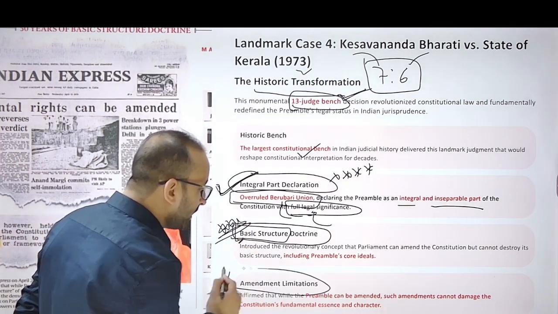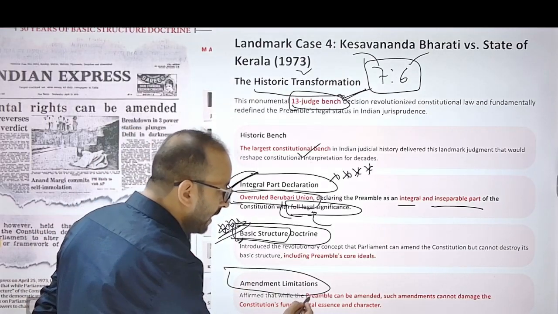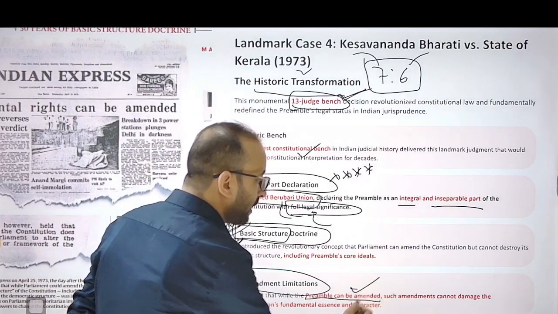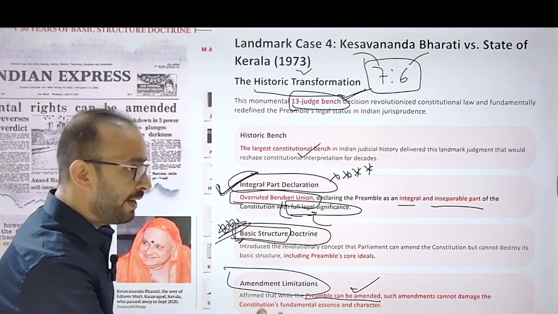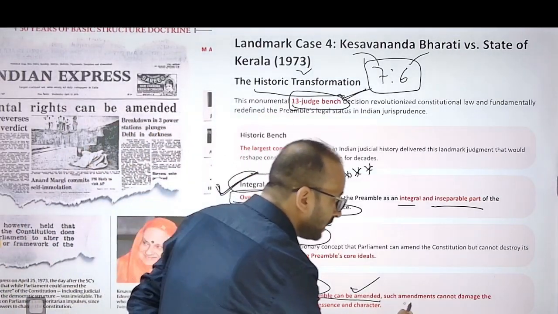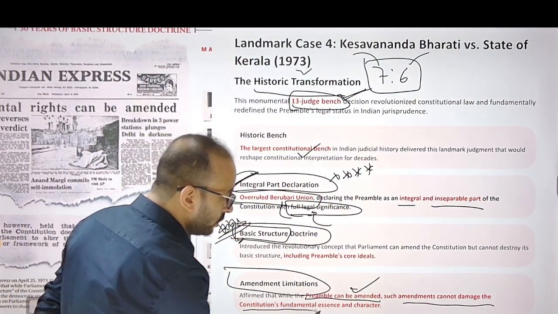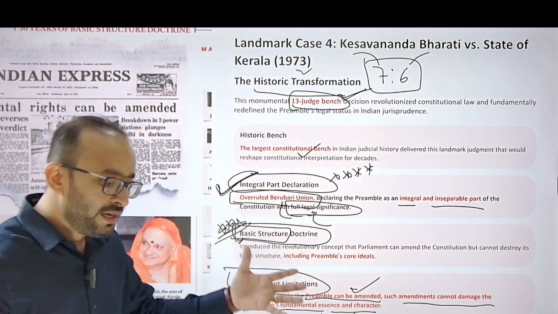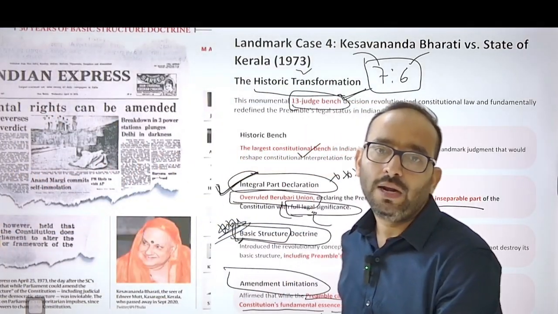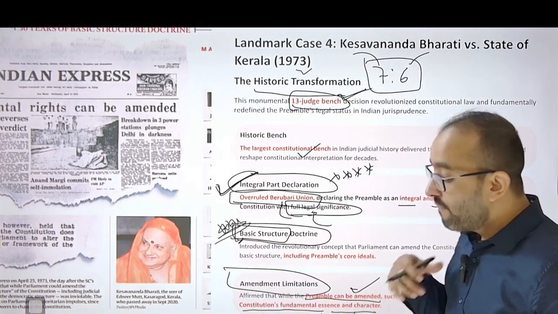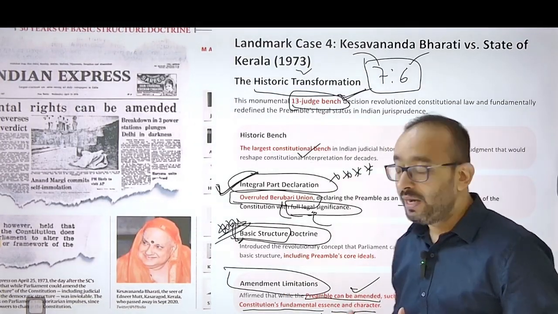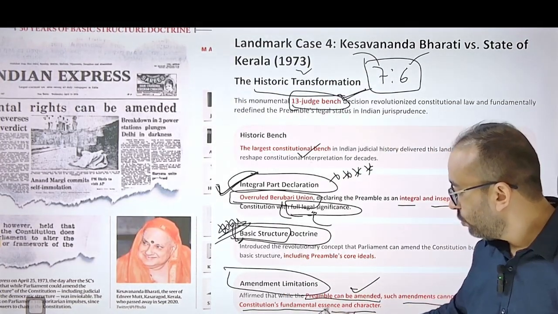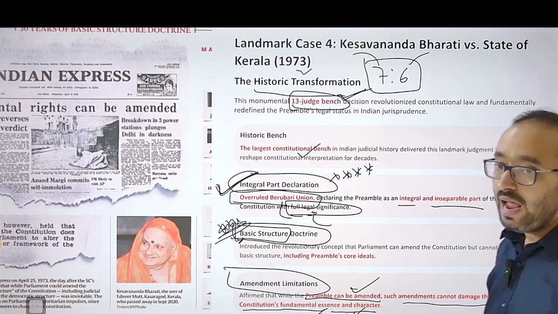So this limitation was placed, and it was said that the preamble can be amended. We accept even fundamental rights can be amended. So the preamble can be amended, but such an amendment cannot damage the Constitution's fundamental essence and character. So when Parliament, let's say, decides to amend the preamble, they can do so. But when they come up with an amendment, they should take care that it does not modify the fundamental essence and the character.